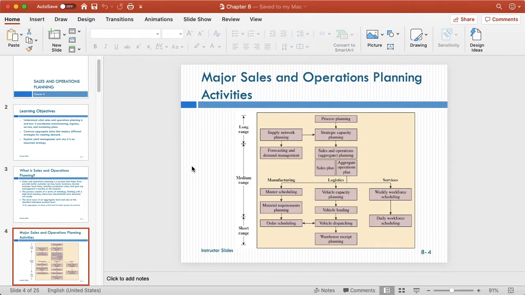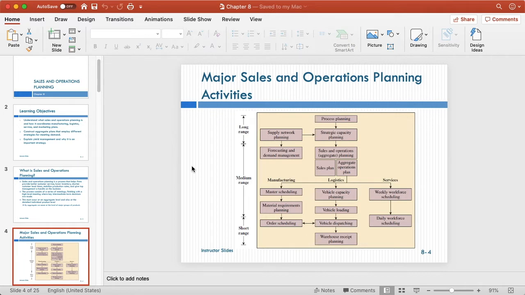Let's start by looking at the long-range activities. At the top you can see three different things belonging to long range: process planning, strategic capacity planning, and supply network planning. These are not the main points for this chapter, but you need to understand what they mean.